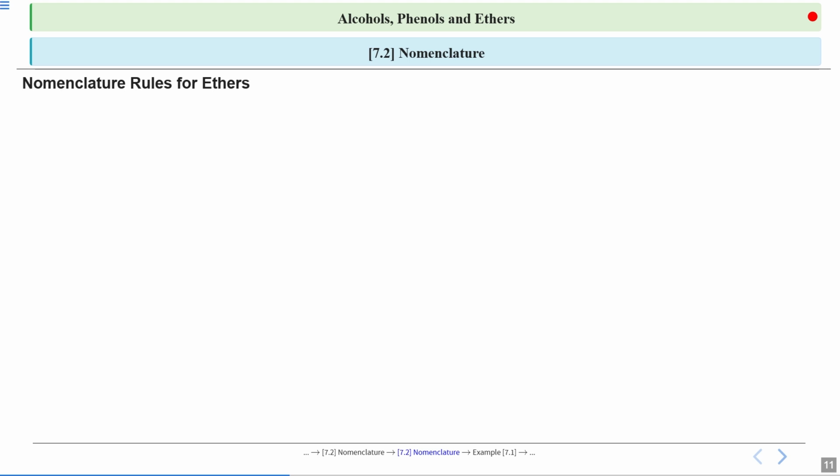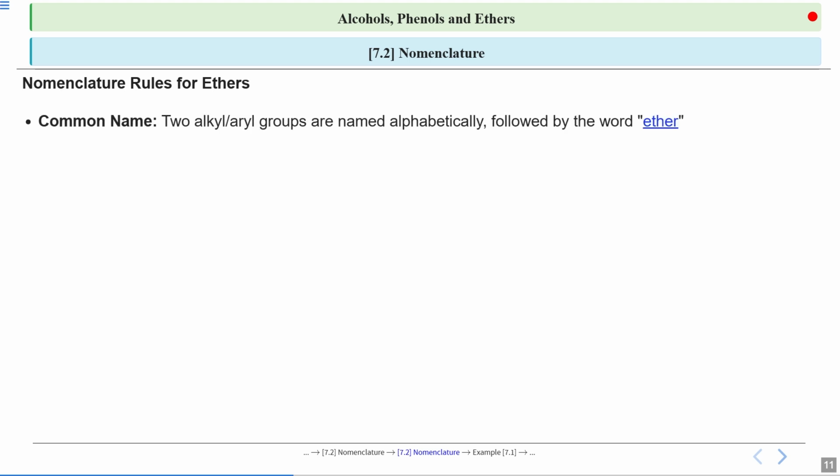Now let's talk about the nomenclature rules for ethers. For the common name of ethers, the two alkyl or aryl groups are named alphabetically, followed by the word ether. The general form of ether is ROR', where the two R groups may or may not be the same.